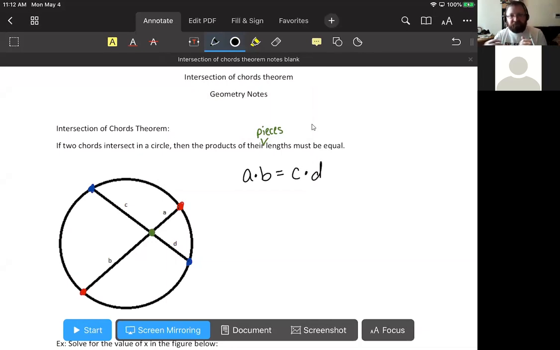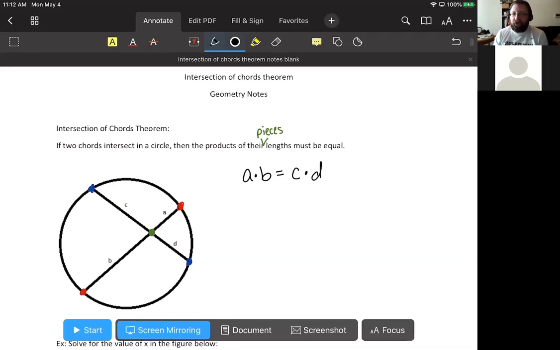We're just taking the pieces of each of these chords and multiplying the pieces together. And those pieces, when multiplied together, have to be equal. So A times B has to equal C times D. It is that simple, okay?